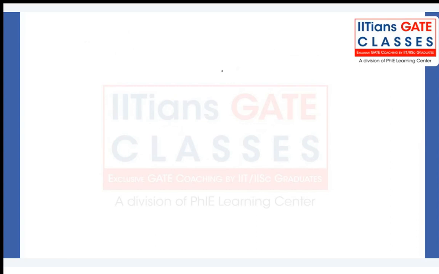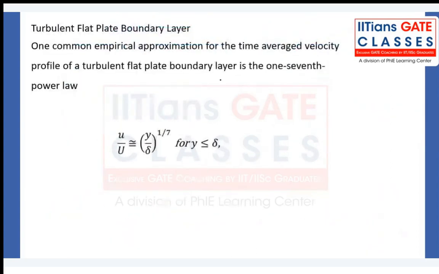Now, note down the turbulent flat plate boundary layer. Here, when the velocity profile is not given for the turbulent flow, one common approximation is the 1/7 power law. U by U infinity equals y by delta to the power 1 by 7.